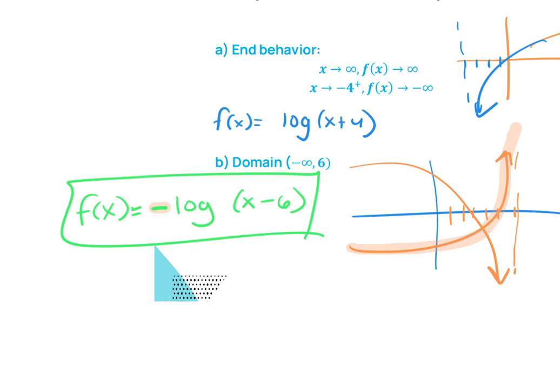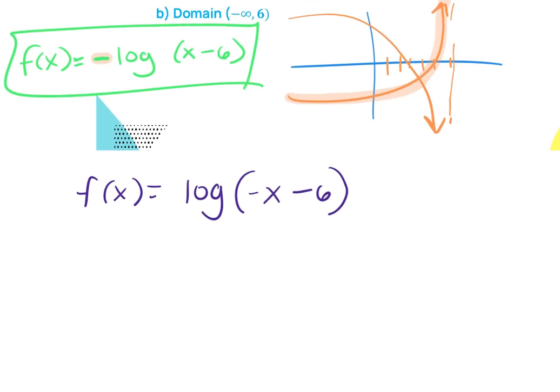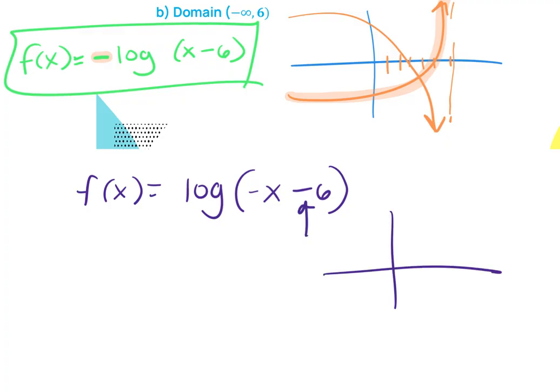This is over the y-axis, right? What causes a flip over the y-axis? A negative on the x. So if I'm going to do that, and I put it like this, what has to happen after that to get my translation to go to the right? If it's a negative x, let's think about it. This goes which direction?